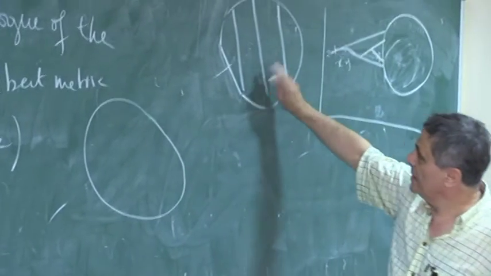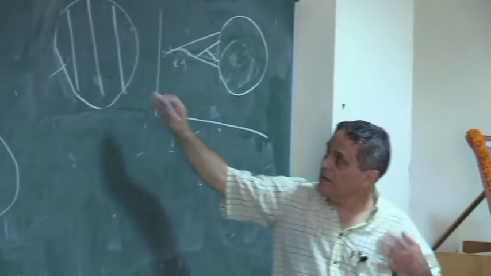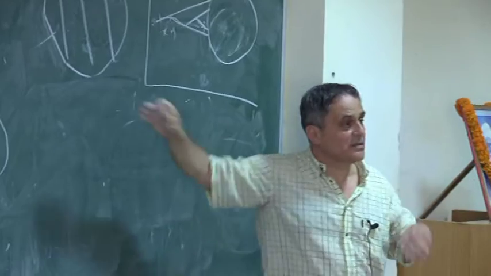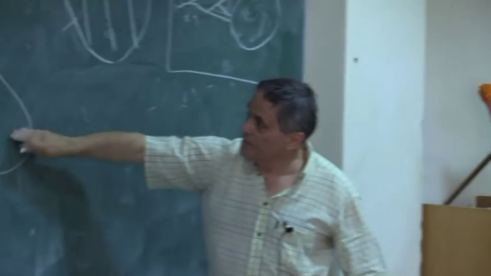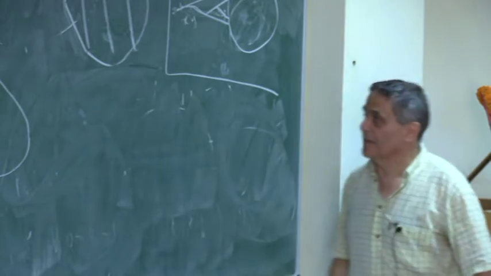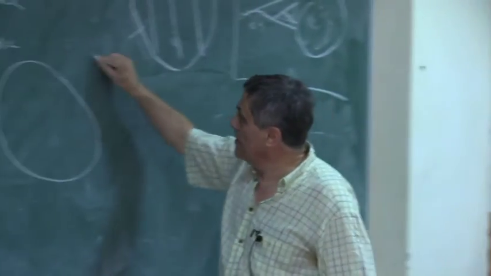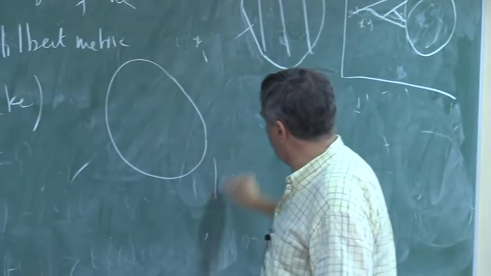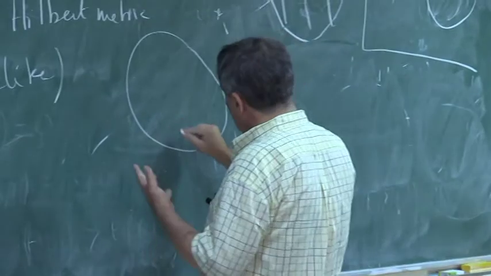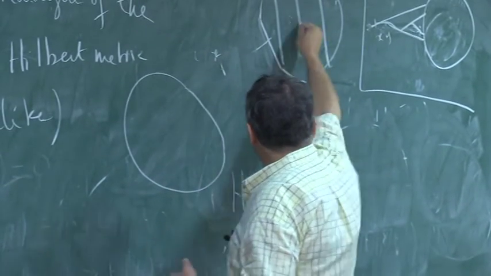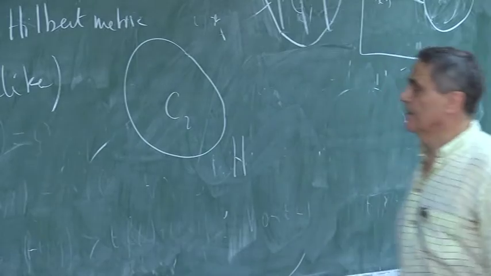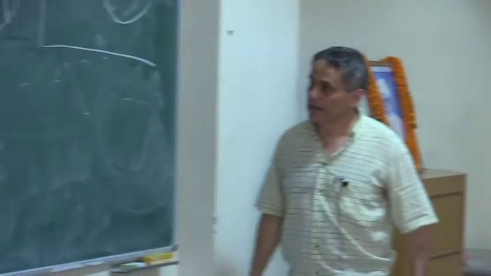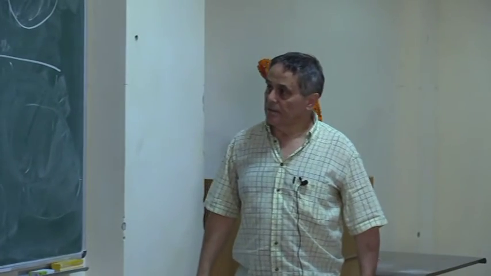You see, so this was our Earth, and this was the outside space, the space around us. But now you want to imagine that there's another planet there, and you want to say that a Hilbert metric is associated to this convex set C1, which is the future, and this convex set C2, which is the past.